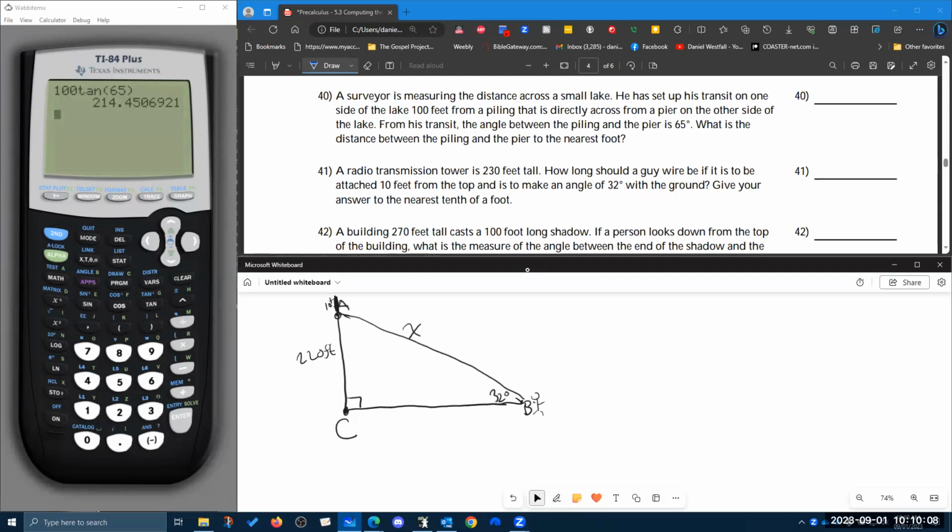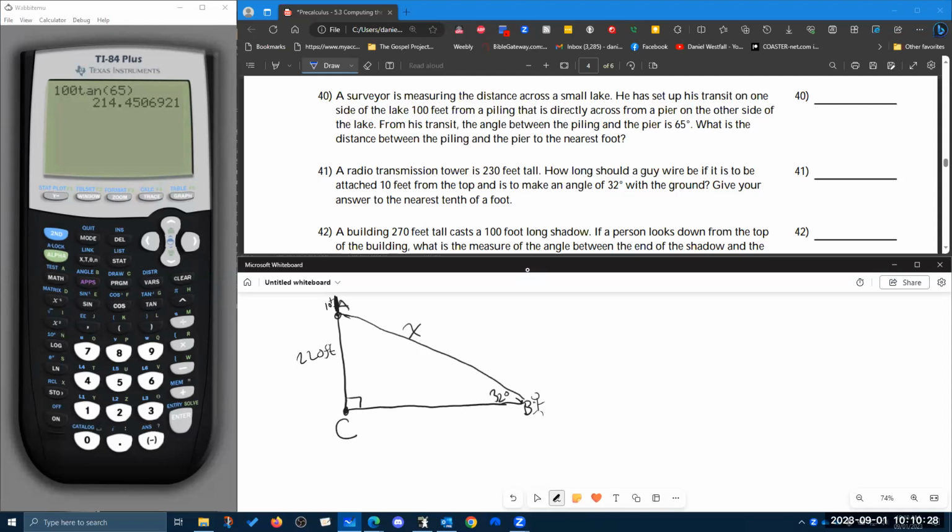So the entire tower is 230 feet tall. We need to take 10 feet away to get to the attachment point, so it's only going to be 220 feet above the ground. And we need a relationship that has opposite and hypotenuse.